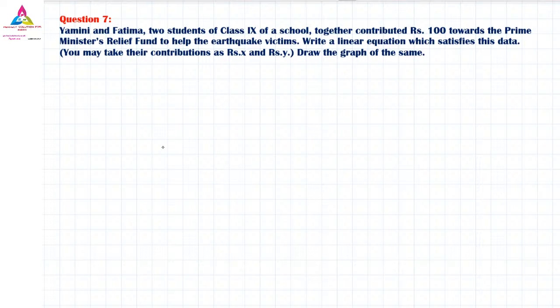So both of them are contributing 100 rupees. Not a single person: Yamini is not contributing the 100 rupees and Fatima is not contributing the 100 rupees. Both of them together are contributing the 100 rupees. Fatima may be contributing 50 rupees and Yamini 50 rupees, that we don't know, or Yamini may contribute only 20 rupees and Fatima 80 rupees, but when you add them together the total amount will be 100.